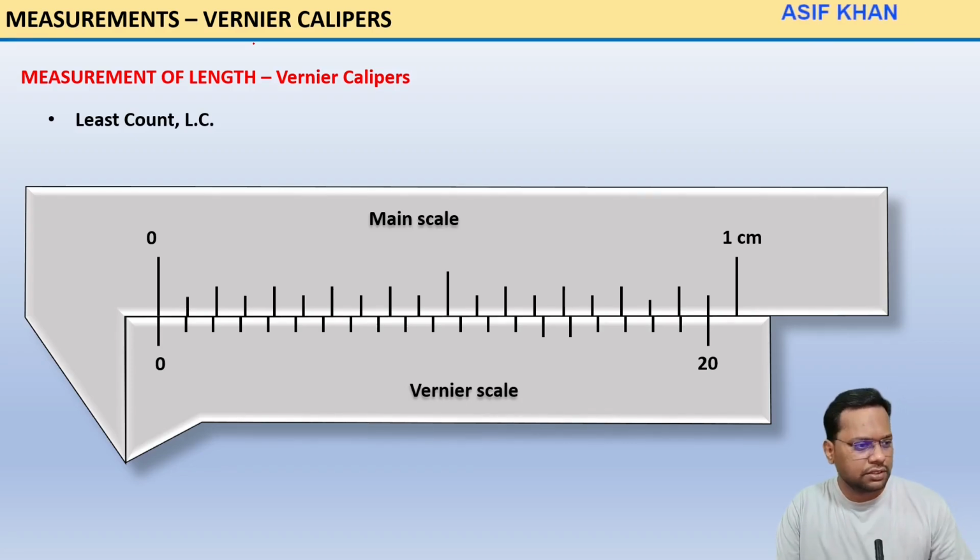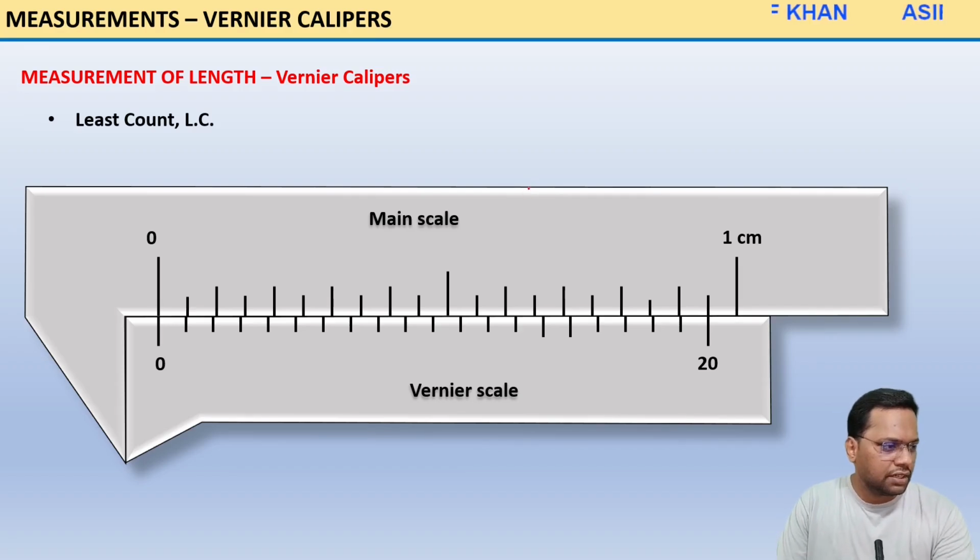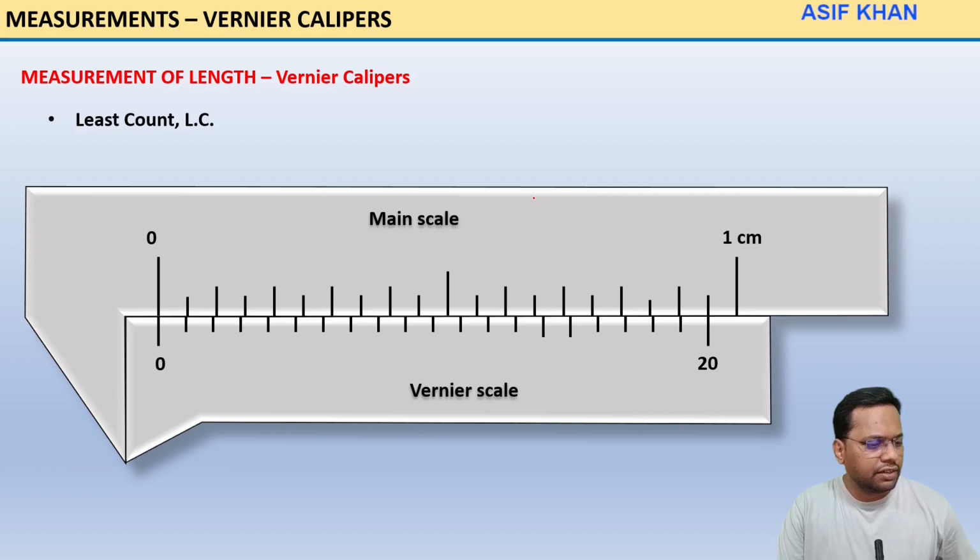If you see the first example, the Vernier calipers given here consists of 20 Vernier scale divisions, and if you see the divisions inside the meter, there are a total of 20 divisions. So here, I write the general form of the principle, that is n Vernier scale divisions is equal to n minus 1 main scale divisions.